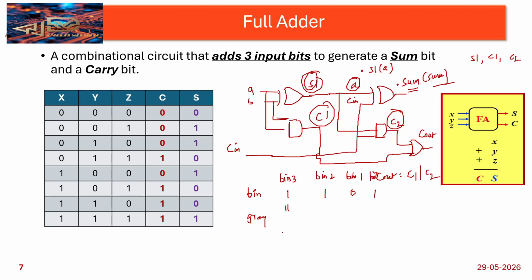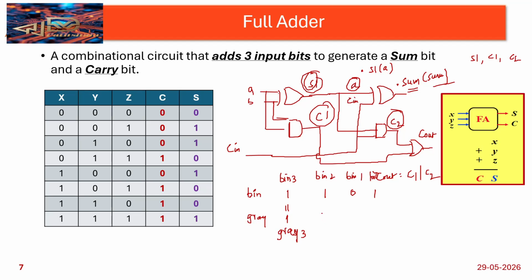This bin 3 is getting at the gray 3 as is. So gray 3 is the same output, whatever the input I am giving, the same output I am getting at the gray code. So B3 will be getting at the G3 position.